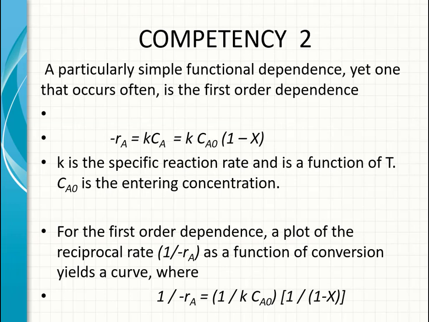For the first order dependence, a plot of the reciprocal of the rate, 1 divided by -Ra, as a function of conversion yields a curve where 1 divided by -Ra is equal to 1 divided by k CA0 times 1 divided by (1 - X).